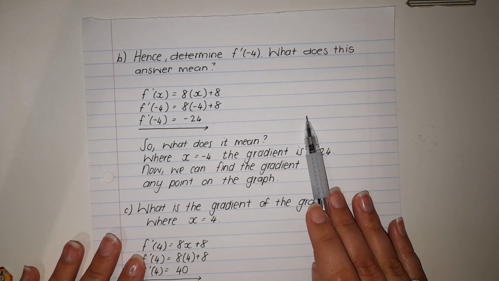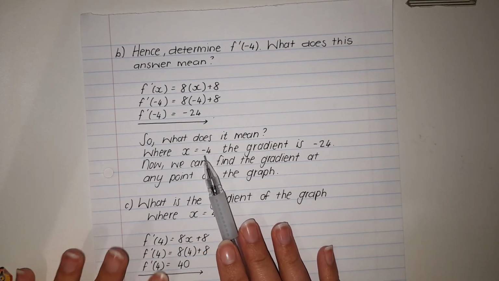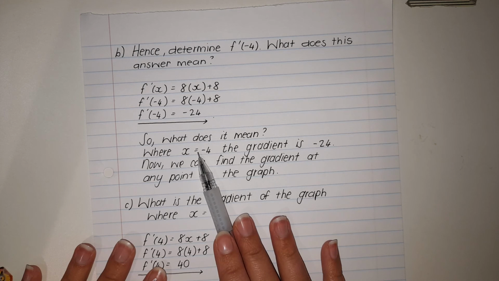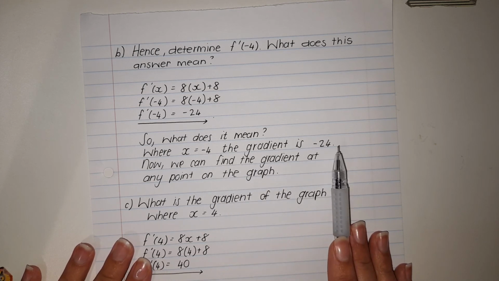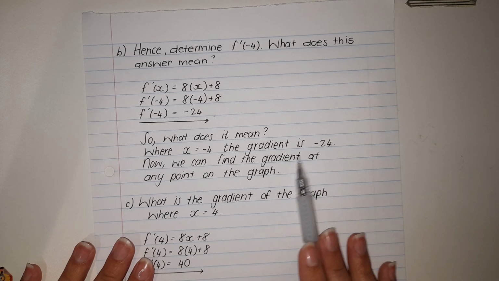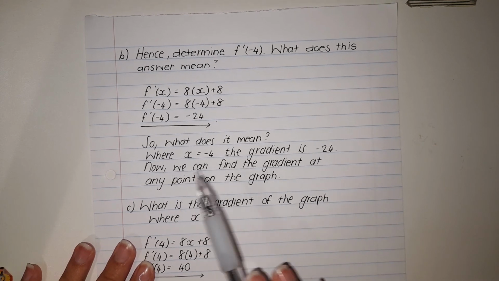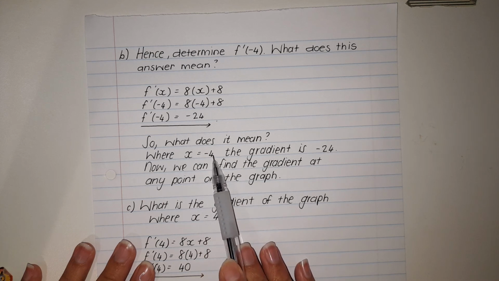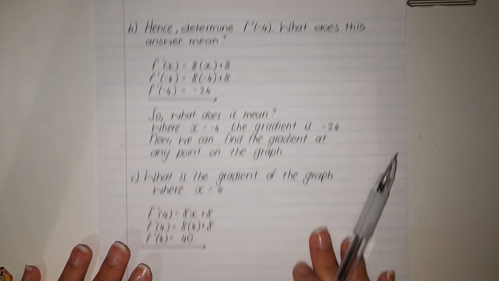So what does it mean? Where x equals -4, on that point on our graph, the gradient is -24. Now we can find the gradient at any point on the graph when I substitute that in. So where x is -4 on this graph, our gradient is -24.